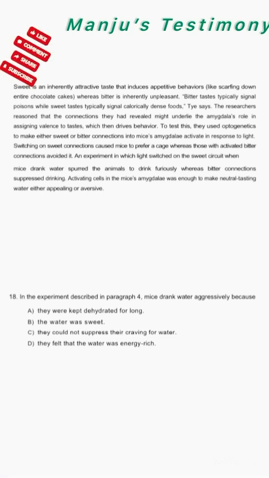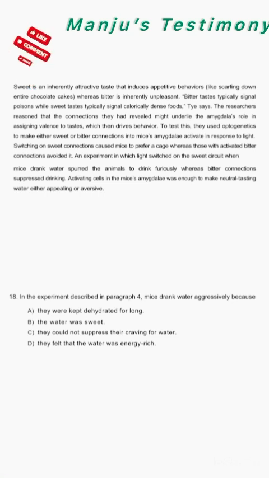This is because in the first sentence of the text we have seen that sweet is an inherently attractive taste that induces appetite behavior, whereas bitter is inherently unpleasant. Bitter taste typically signals poison, while sweet taste typically signals calorically dense food. So when they activated the light in connection with the sweet area, they felt that the water was energy rich.